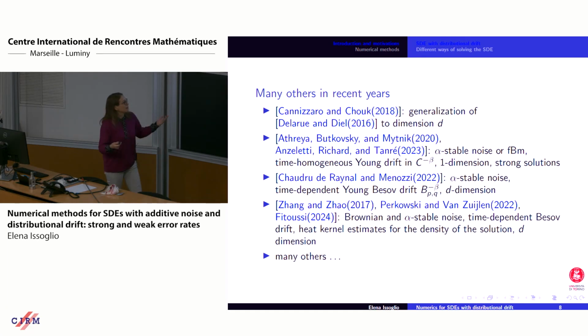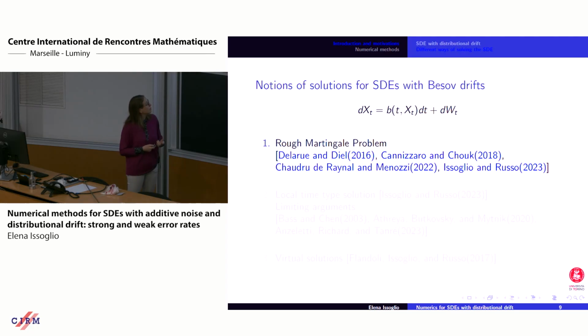Okay, and then numerical schemes are quite natural, I think. At this point, we know quite well the theory. We know a lot about how the solutions look like, and numerical schemes are a natural thing to do.